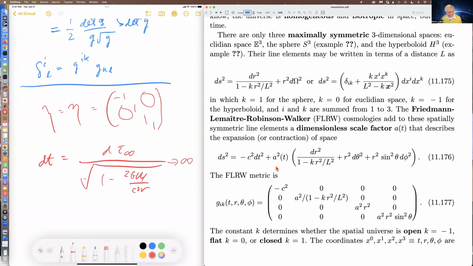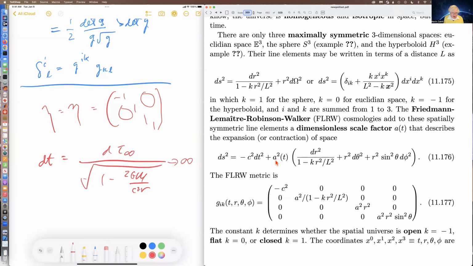And then what occurs here is this metric, but times a scale factor called a of t. The astronomers choose weird units for a of t.